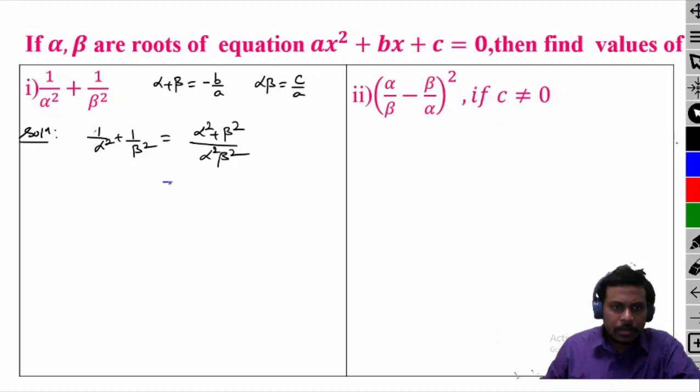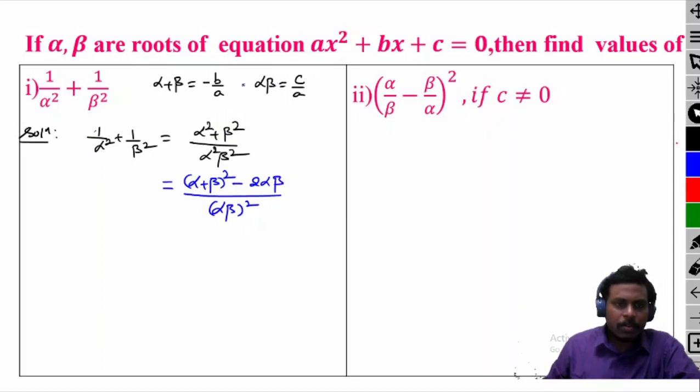This is equal to alpha plus beta whole square minus 2 alpha beta divided by alpha beta whole square. Now we have written this quantity in terms of these two quantities, which are known to us. Alpha plus beta is known to us and alpha beta is also known to us.